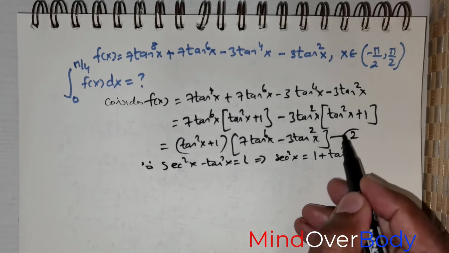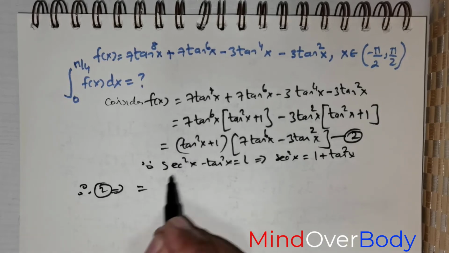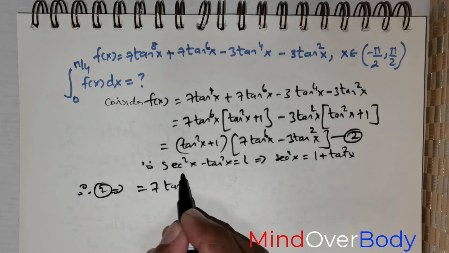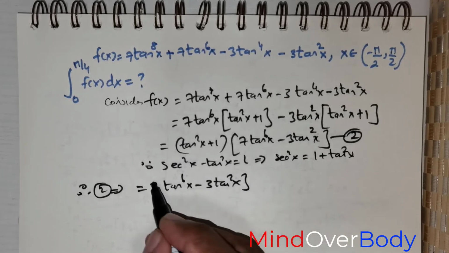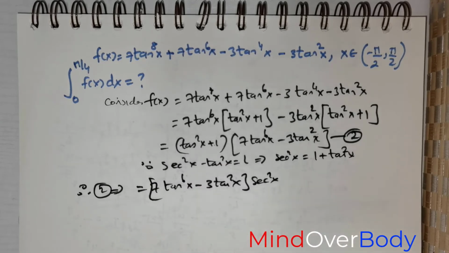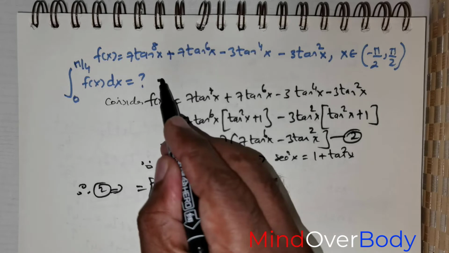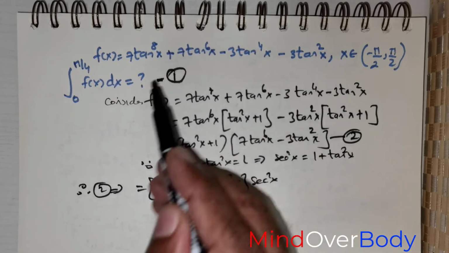So if I were to take this as 2, therefore I can rewrite 2 as 7 times tan^6 x - 3 times tan^2 x, times sec^2 x. So I will use this in, say, let me take this as 1.